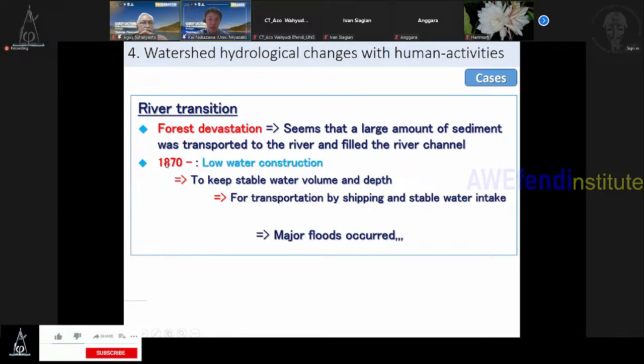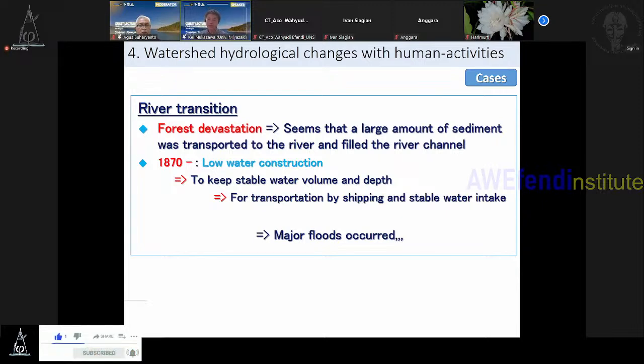But unfortunately, in this age, river management was for low water construction. Low water construction is to keep stable water volume and depth of the river for transportation by shipping and stable water intake.